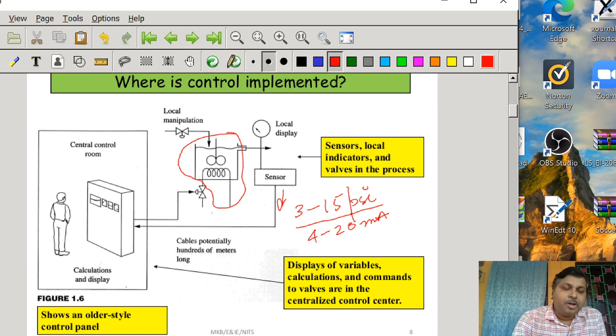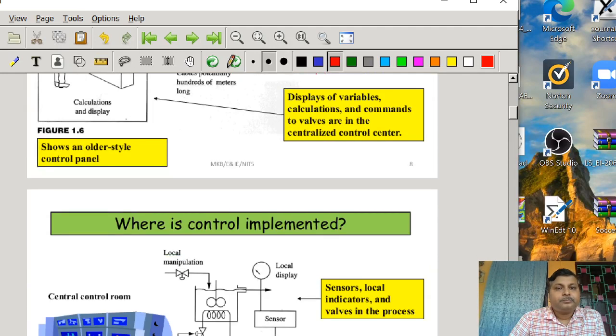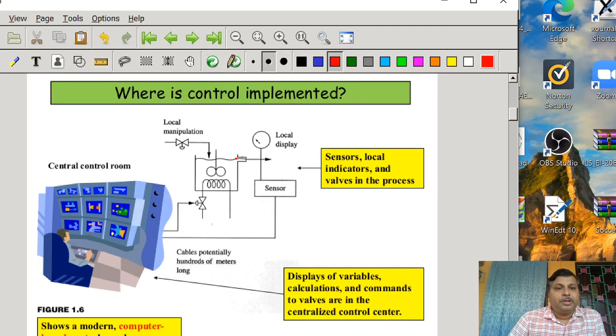a typical control system implemented in process industries. Now nowadays you will find that this old style control panel has been replaced by a central control room with a modern computer based control panel. Same thing, we have the process located at the field.